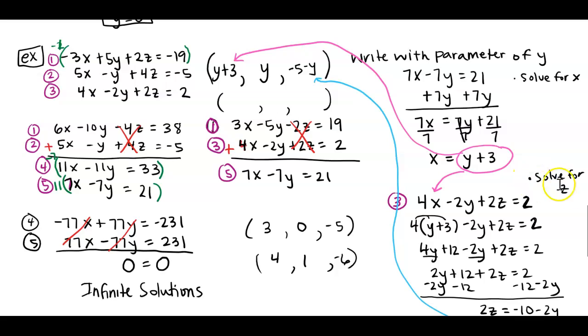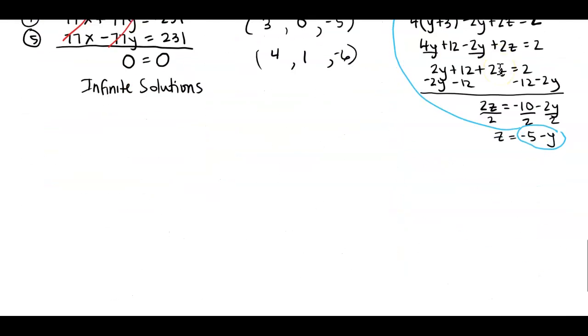Whichever one they ask for is always going to equal itself. Yes, exactly. So if it said write it with parameter of z, then when you write your ordered triple, z is going to be your z, and then you go and find out what your x and your y are.